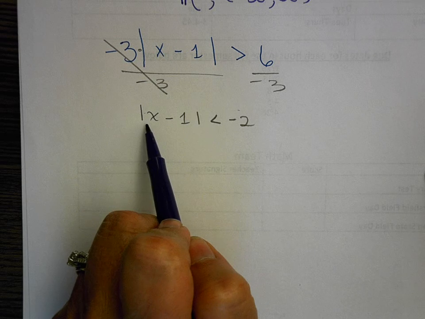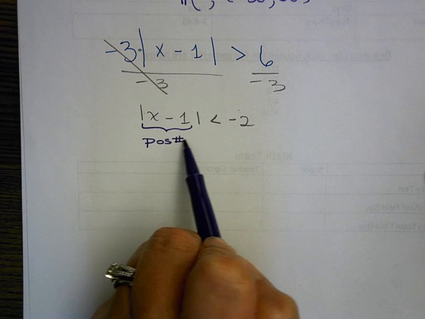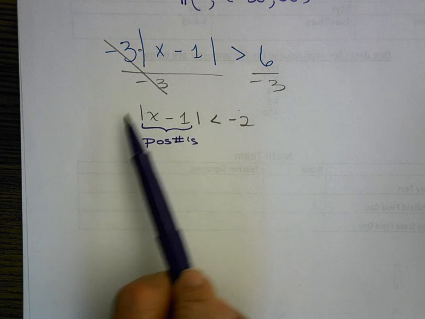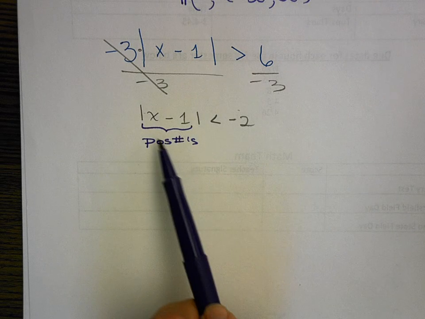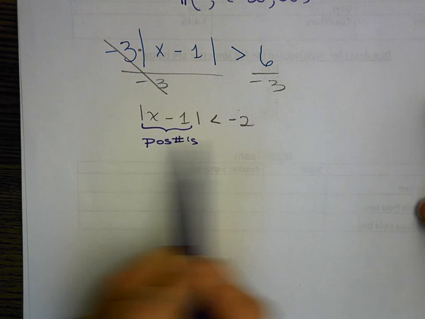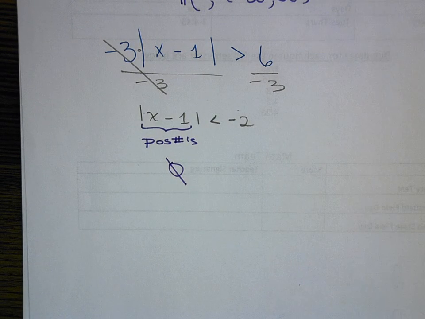I take a look at this right here, and I remember that all absolute values generate positive numbers. So what positive number out there is smaller than negative 2? That would be none of them. There is no positive number smaller than negative 2. So this would be no solution.